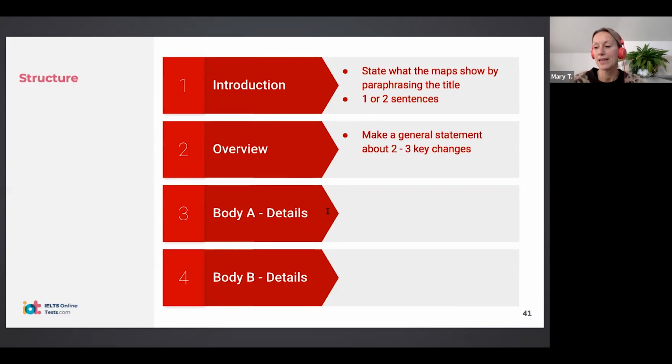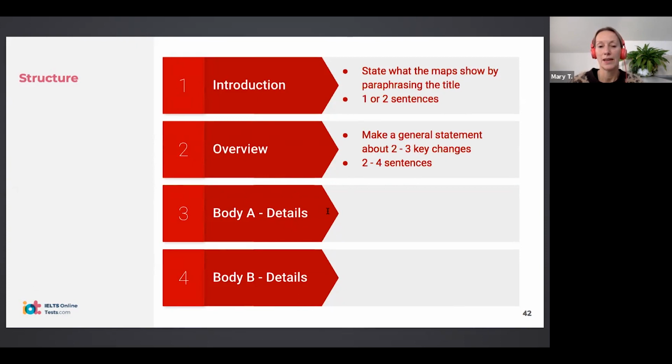This is making a general statement about 2 to 3 key changes. How much do you think you should write for the overview? One to two sentences. Okay, let's have a look. So it's 2 to 4 sentences.